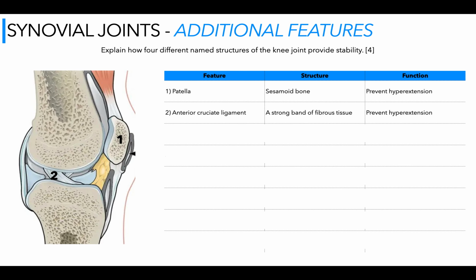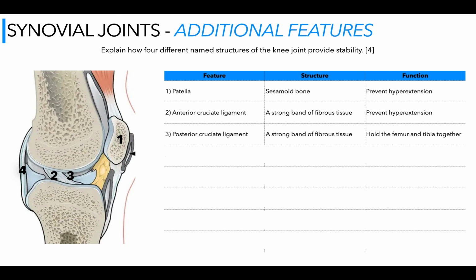It also has the function of holding the femur and tibia together, but I left that function for the posterior cruciate ligament located towards the back. And basically they both, the ACL and the PCL, have the same function. They prevent hyperextension and hold the femur and tibia together. And as I've just mentioned, the same structure as ligaments, a strong band of fibrous tissue.